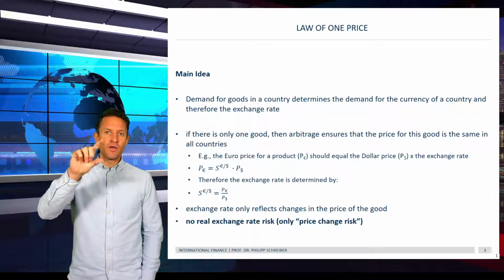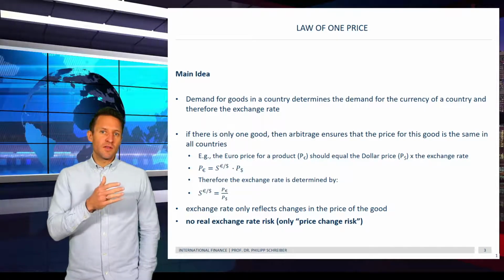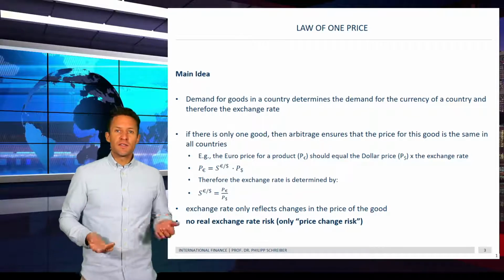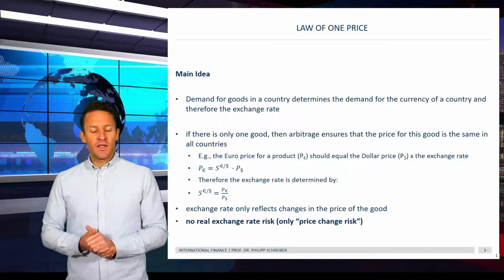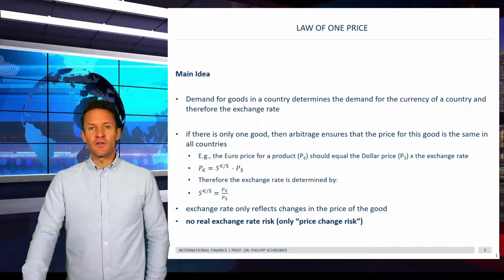And then you would know exactly the exchange rate euro to dollar, because the good should cost exactly the same. Now you might ask, why does it need to cost exactly the same? What is the market mechanism that ensures that the price is the same in two different countries?